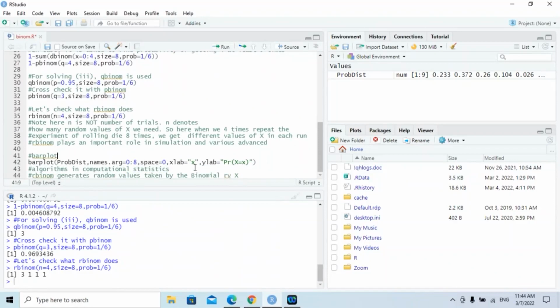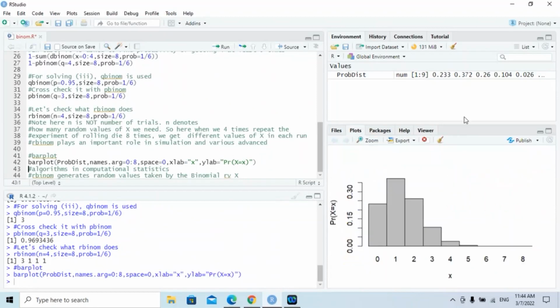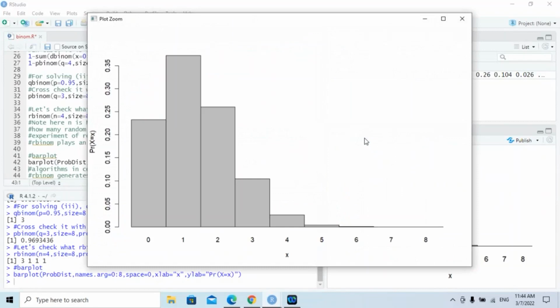Okay, so label on x-axis would be x, and on y-axis we would be representing the probabilities. So let us run the command and see. You can check the bar plot over here. So that was about the binomial distribution in R.